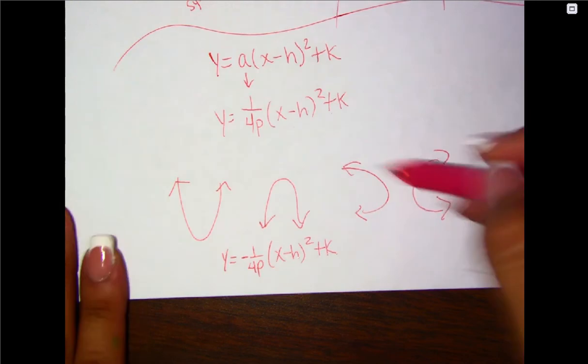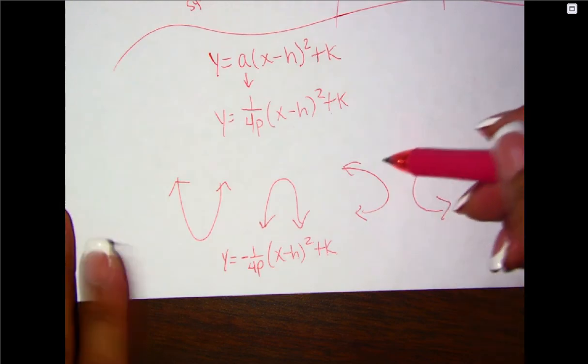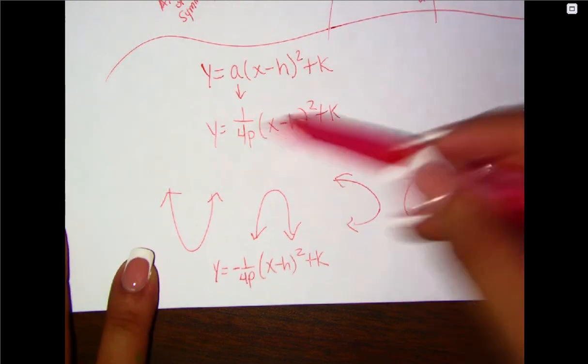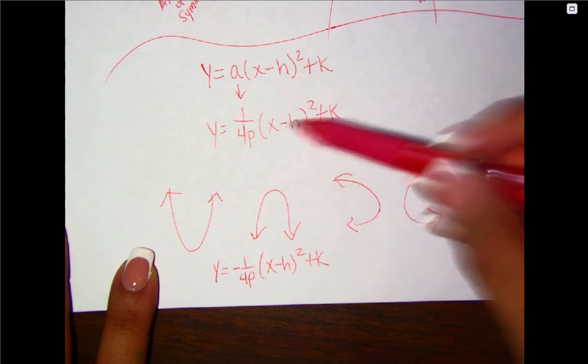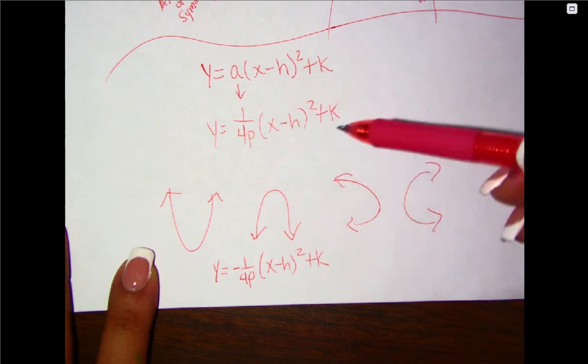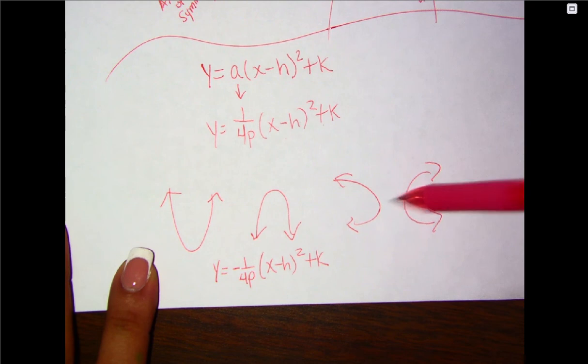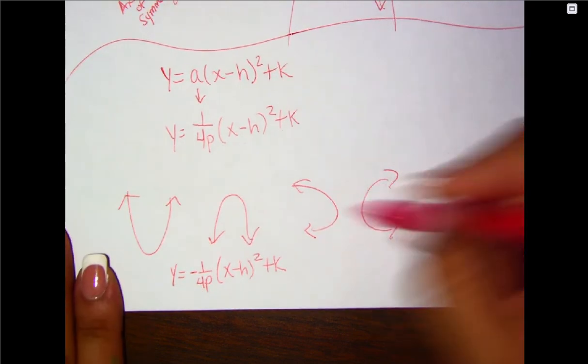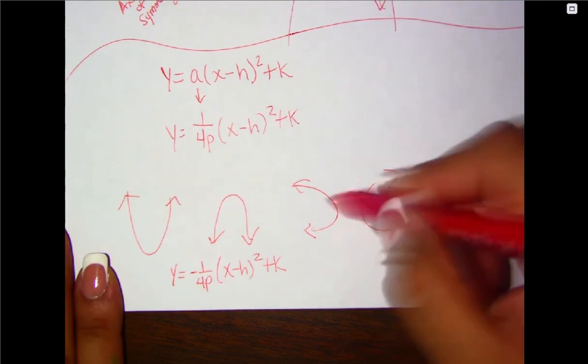When we have it sideways, a couple of things happen. The x and the y switch places, and also the h and the k switch places. But how can you tell if it's positive or negative? It is based on the direction it's pointing.